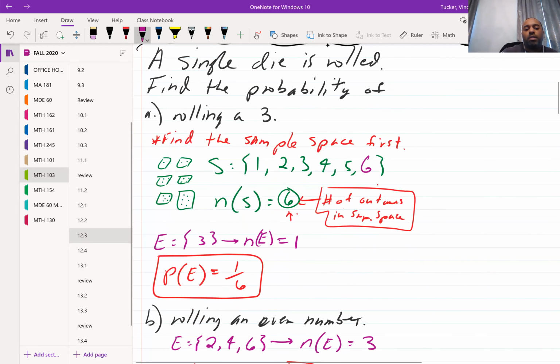All right. B, what's the probability of rolling an even number? So when you talk about even numbers in your sample space, that'll be 2, 4, and 6. So that means there are 3 even numbers in the sample space.